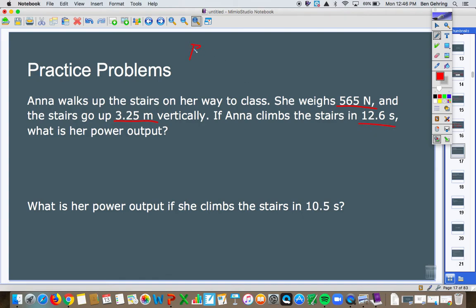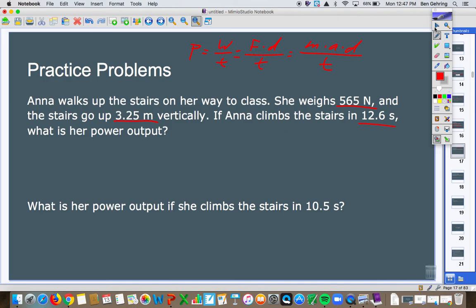You have power equals work divided by time. We also know that work is equal to force times distance, so again, divided by time. And force is equal to mass times acceleration. Figure out what you know on these, and then plug them into your calculations.